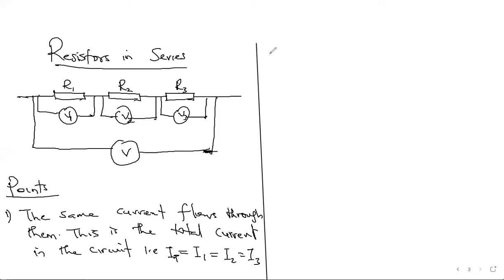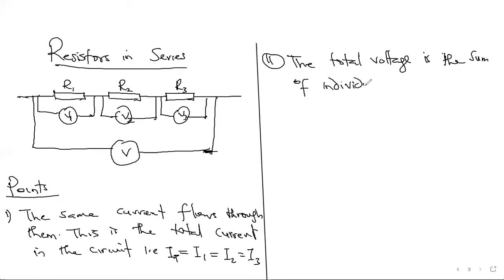Then another point you need to note is that the total voltage is the sum of individual voltages across the resistors.